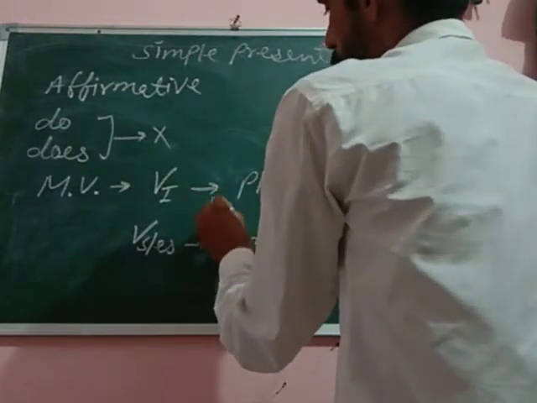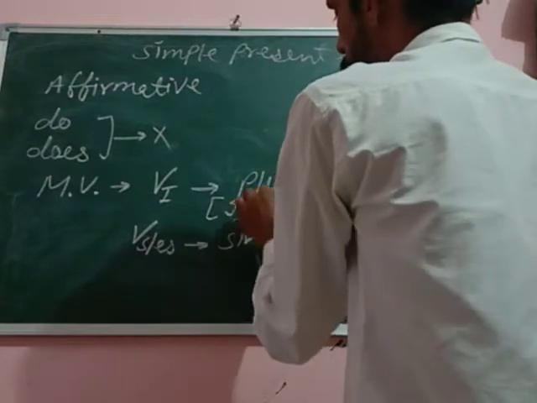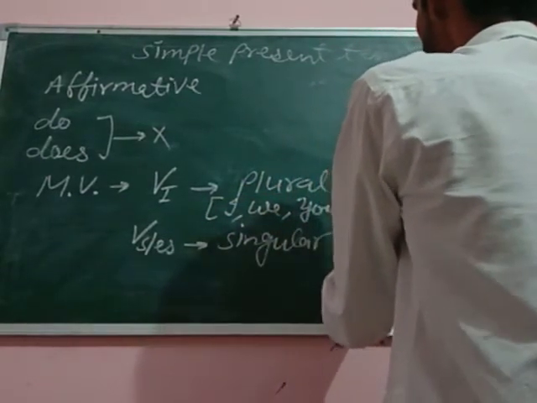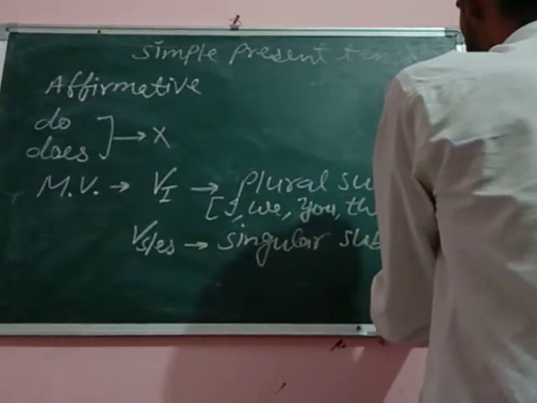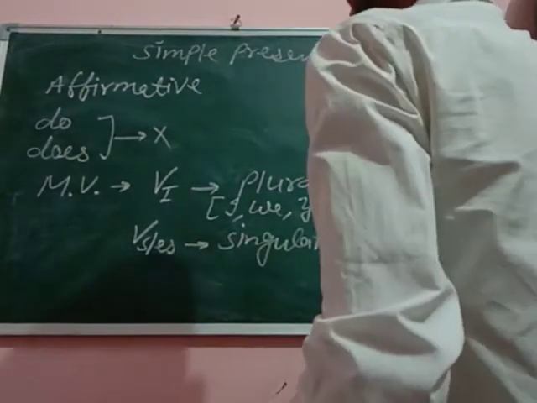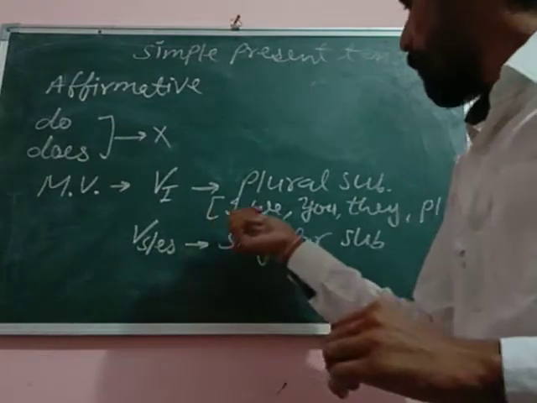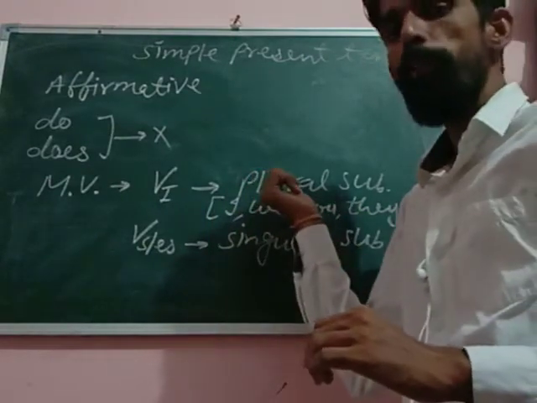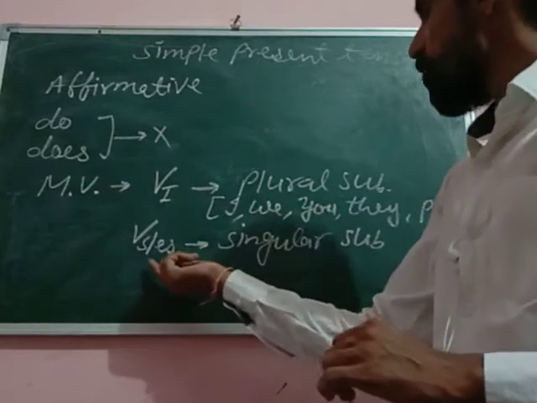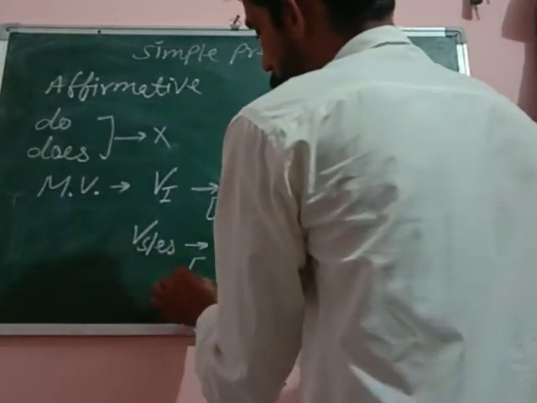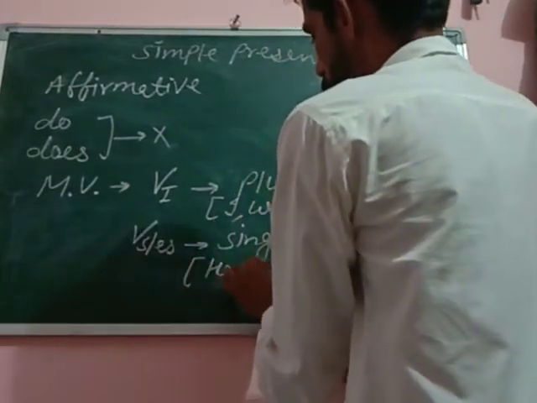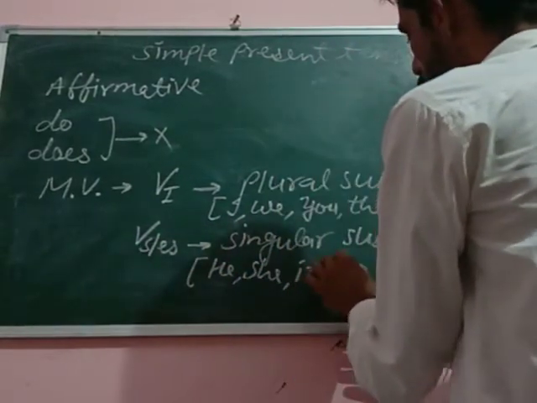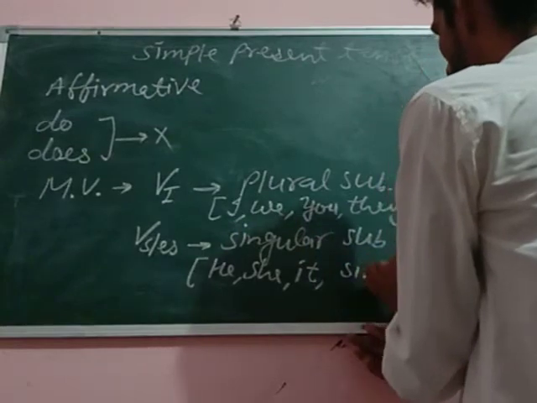In plural subjects we include I, we, you, they, and any plural noun. Okay, so generally I, we, you, they and plural nouns are included in plural subjects, and in singular subjects we include he, she, it, and any singular noun.